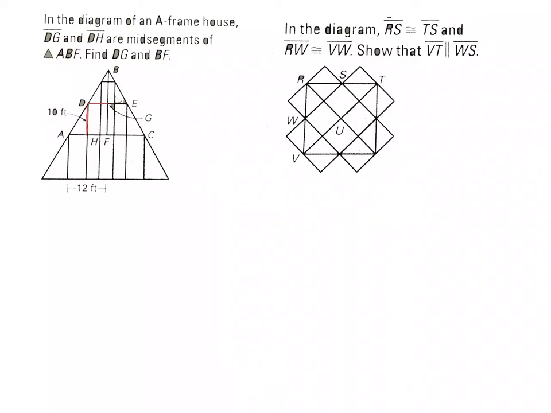So let's go ahead and just draw that triangle ABF. That's that triangle. Find DG. So what I'm looking for is the length of DG. So I want to know this length. And BF. How long is this length?